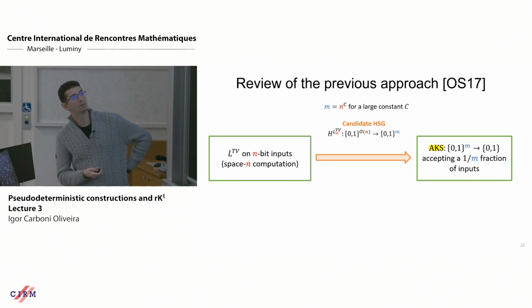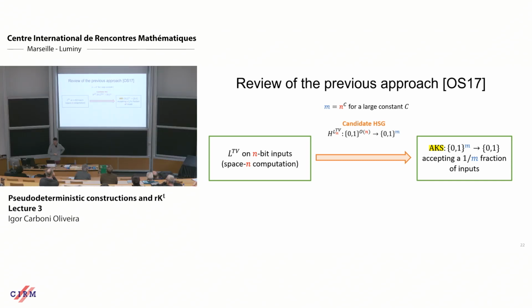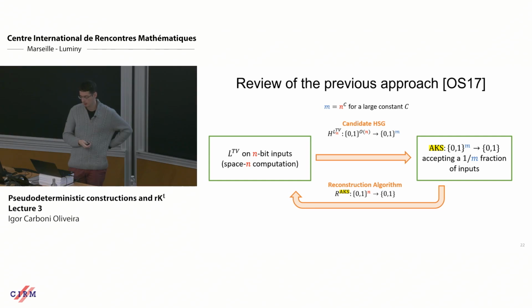So that's the framework. And now, what we discussed before is that in case this generator doesn't hit AKS, then we can use the reconstruction algorithm with AKS as the oracle to recompute the language on n-bit strings. So that's the setup.